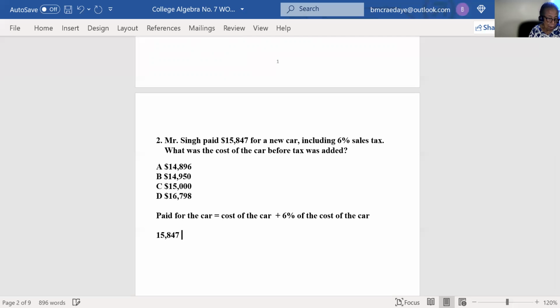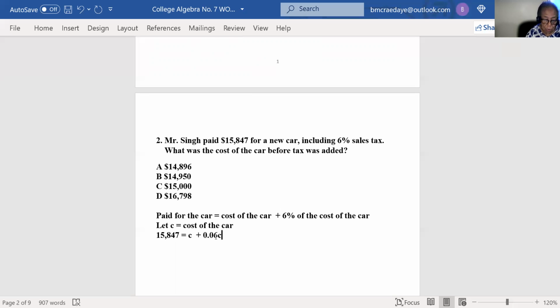So that would be C plus 6% of C, so C plus 0.06 C. What he paid for the car is the cost of the car plus the sales tax, which is 6% of the cost of the car.